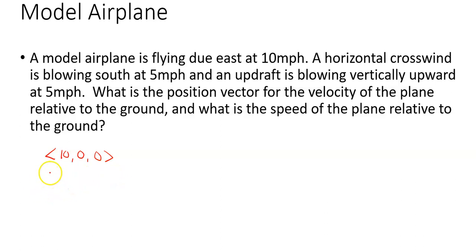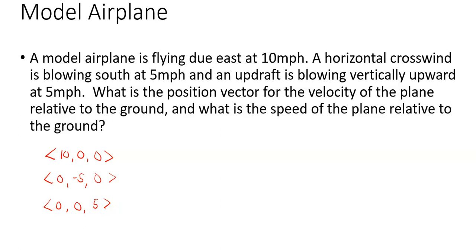So south at 5 miles an hour means the second component is -5. All right, because you've got east-west, north-south, and then the last one is how far above the ground. All right, the third one is that there is an updraft blowing vertically at 5 miles an hour. So east-west, north-south, that's not affected.